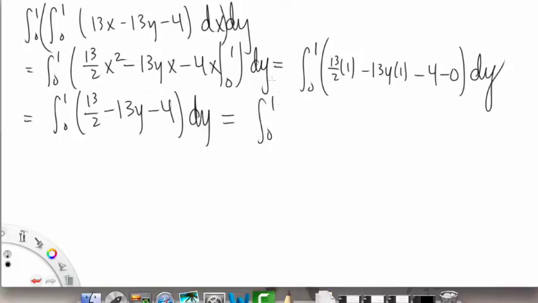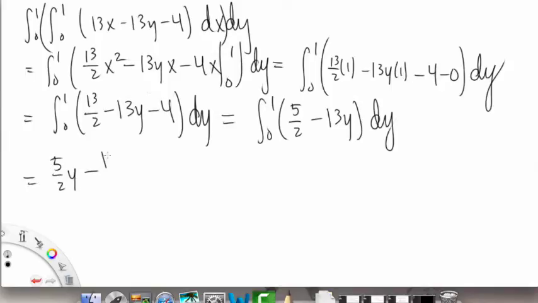From 0 to 1, 13 over 2 minus 4 is 13 over 2 minus 8 over 2, so that would be 5 over 2 minus 13y. And now we can do single variable calculus, yay. We integrate here and get 5 over 2 y minus 13 over 2 y squared, as y goes from 0 up to 1.